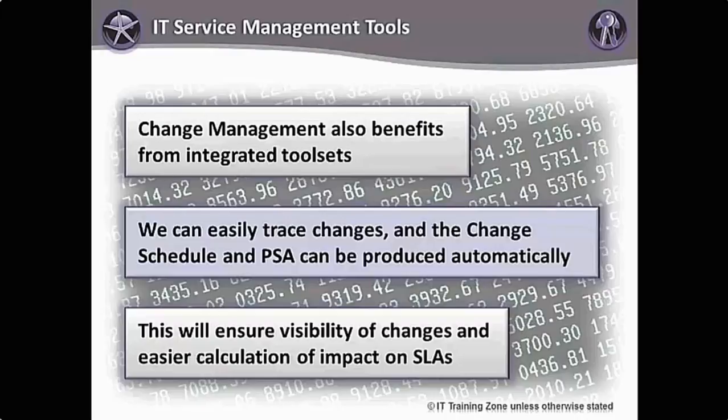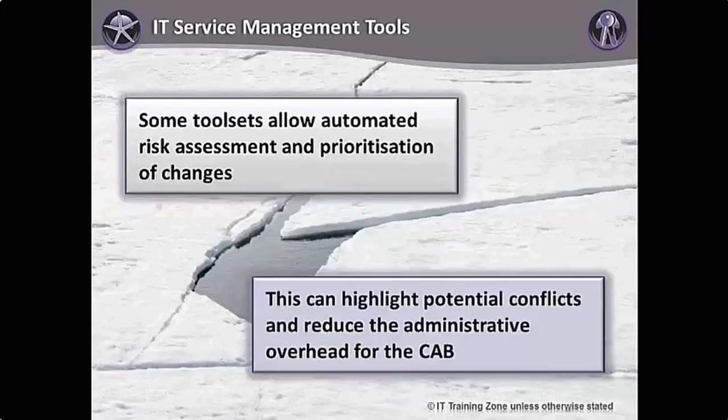This will ensure visibility of changes and easier calculation of the impact on service level agreements. Some toolsets also allow for automated risk assessment and prioritization of changes. This can highlight potential conflicts and reduce the administrative overhead for the Change Advisory Board.